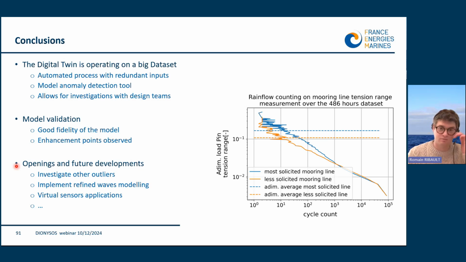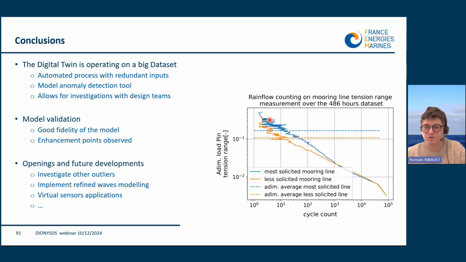And I just wanted you to be aware that thanks to the simulation running in parallel of sensors, you have access to a lot of virtual sensors. For example, here, you can see rainflow counting on mooring line tension for the simulation which ran.